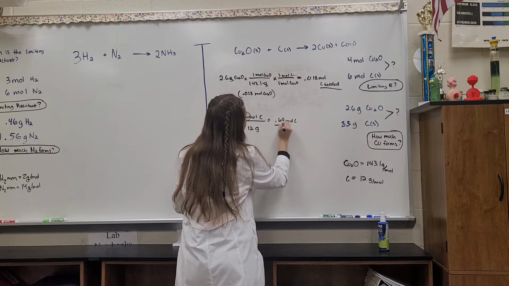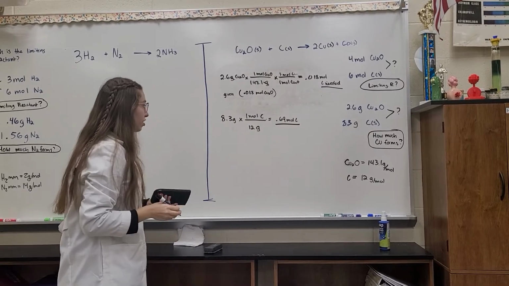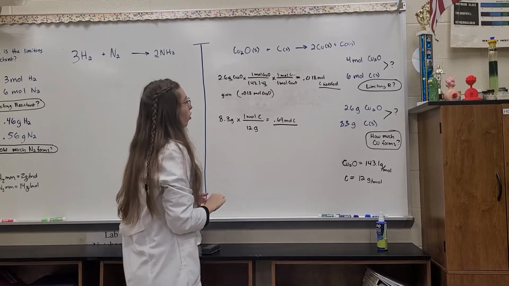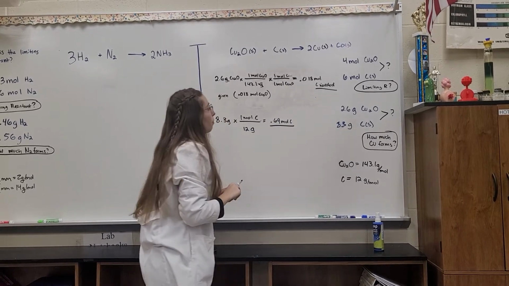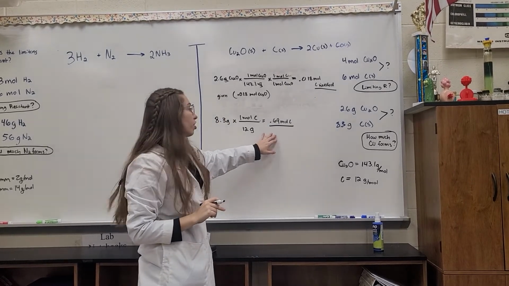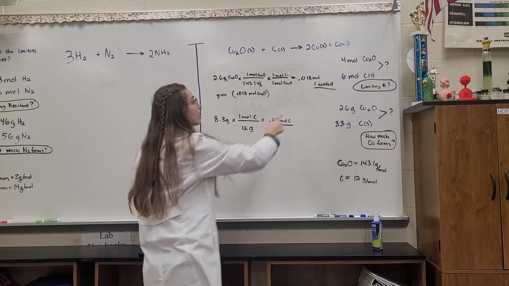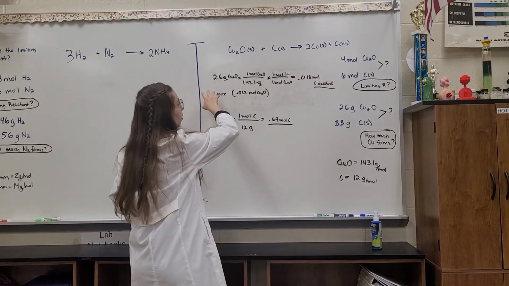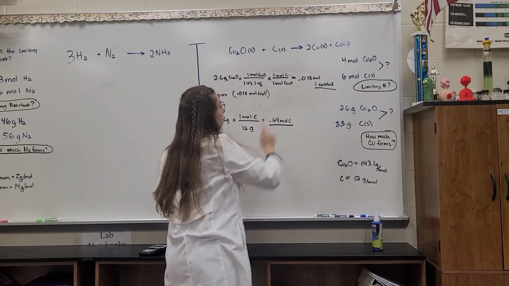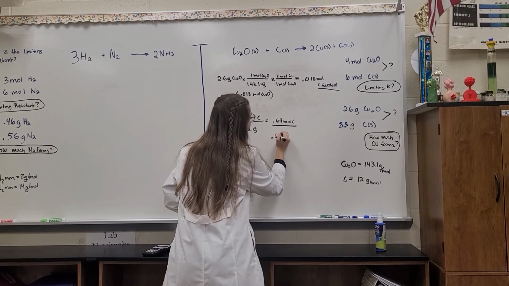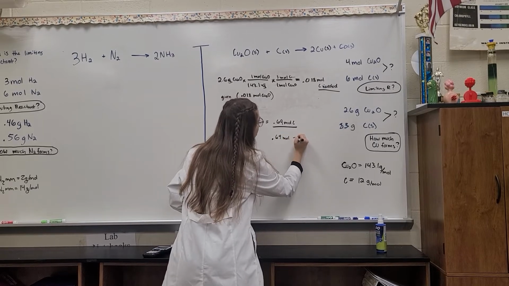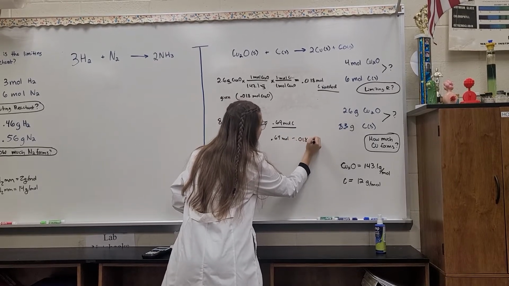Now, just by looking at these two numbers, we are going to need 0.018 moles of carbon to react. But we have a very large excess of it. That means that Cu2O is the limiting reactant. We can only react 0.018 moles, which means that there's also going to be an excess of 0.69 moles minus the 0.018 moles.